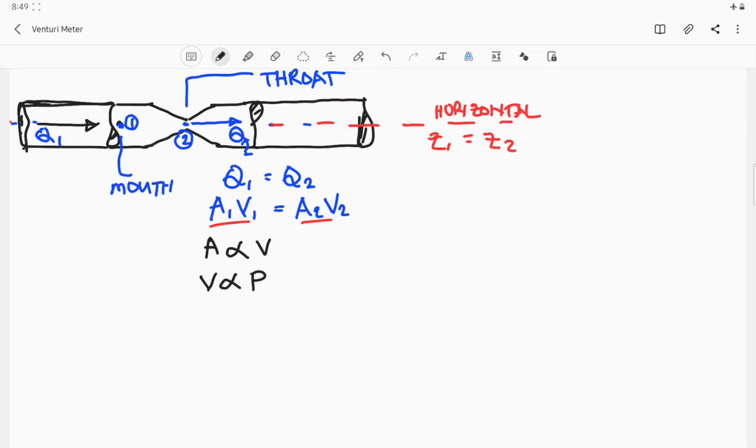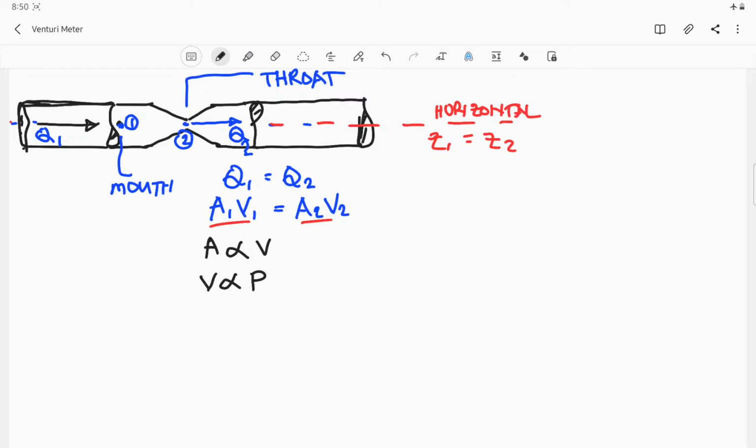We cannot really determine the pressure at the different points of connection in the manometer, but we can determine its difference. We cannot determine the value of the pressure, but we can determine its difference.